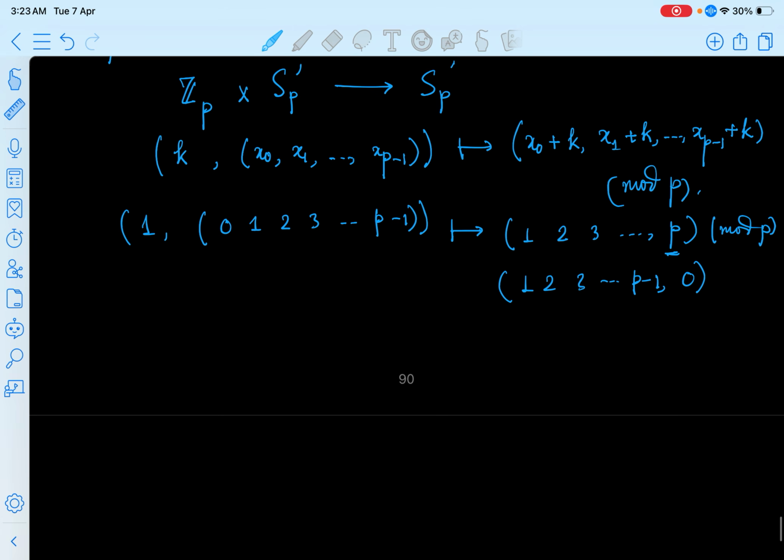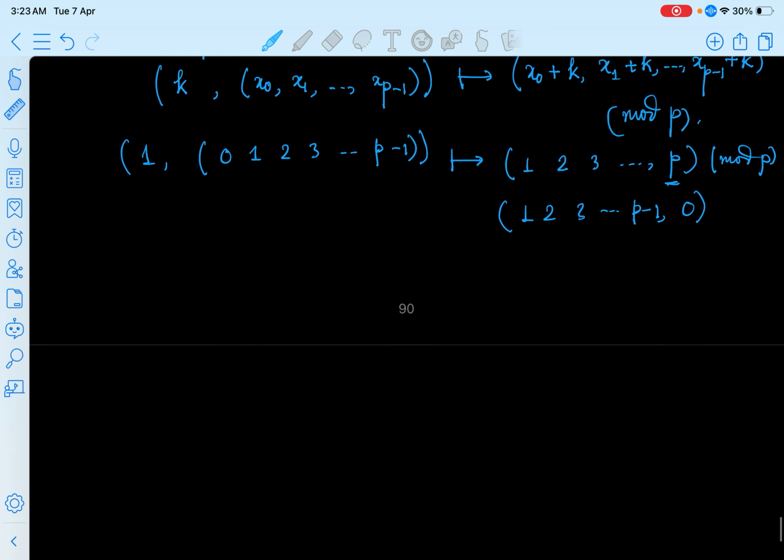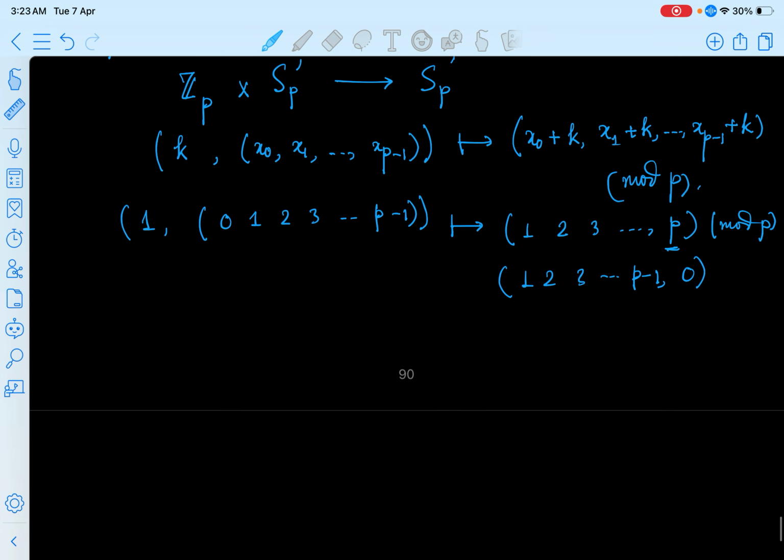Now let us compute the order of Sp prime. As we defined, this is the set of all p-cycles. So what is the number of these cycles?